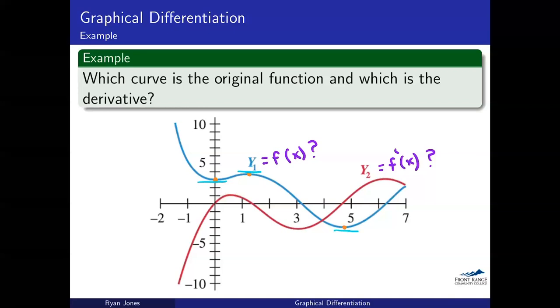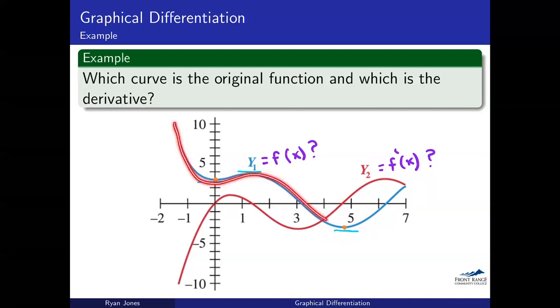So at each of those points, is my red graph equal to 0? And that should be pretty clear. At this point right here, yeah, my red graph is equal to 0. At this point right here, yeah. At this point right here, yep. And so at all of these slopes of 0 on the blue graph, my red is equal to 0. And that right there just tells me that it is in fact the derivative.